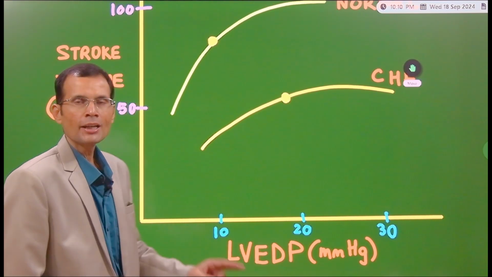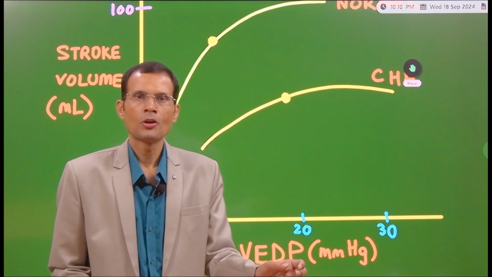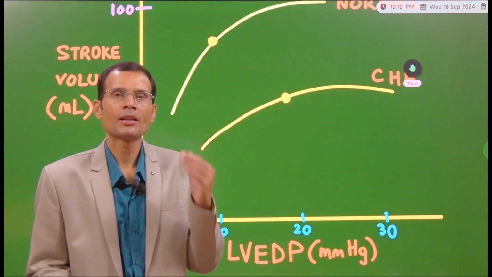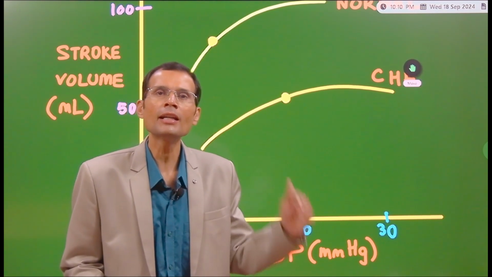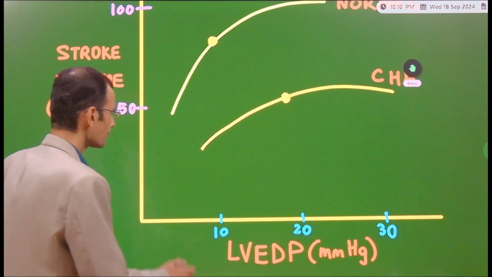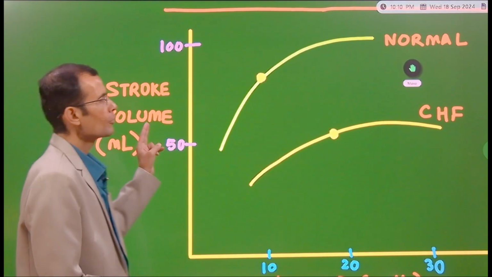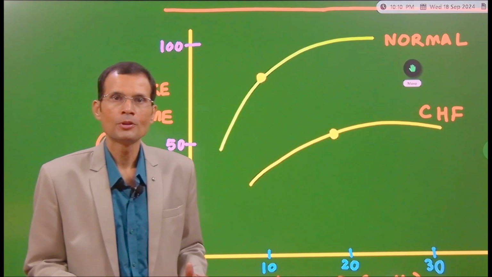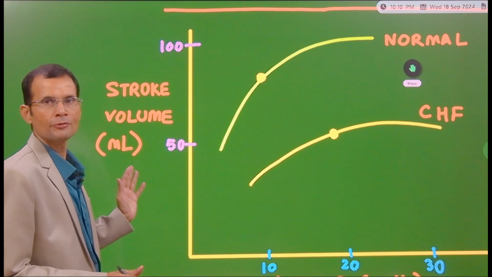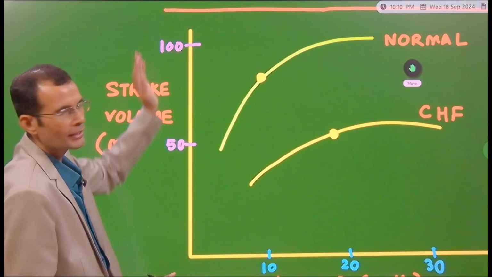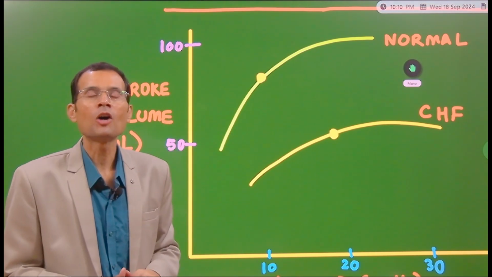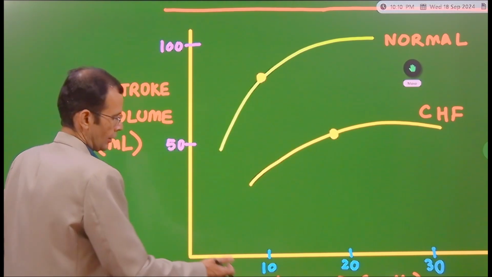So left ventricular end diastolic pressure, or you can also take left ventricular end diastolic length. That's fine. And on the vertical axis, we have stroke volume produced by the left ventricle in ml, 50 ml, 100 ml. Let's see how much is the normal stroke volume.